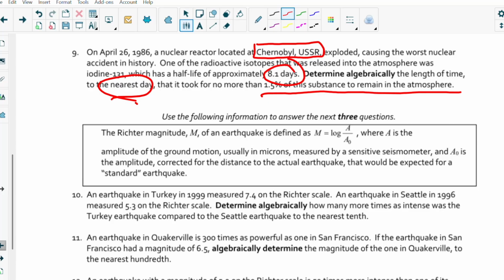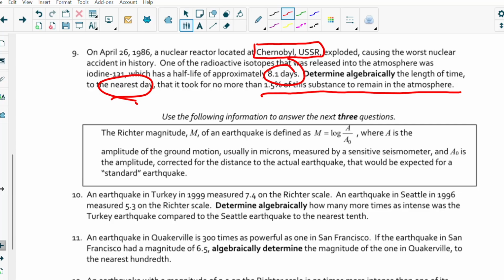An earthquake in Turkey in 1999 measured 7.4 on the Richter scale. An earthquake in Seattle in 1996 measured 5.3 on the Richter scale. Determine algebraically how many more times as intense was the Turkey earthquake compared to the Seattle earthquake to the nearest tenth. Okay, let's take a look here.